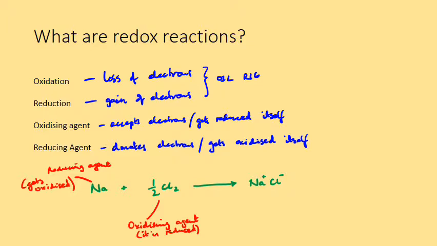And the electron transfer has gone from the sodium to the chloride. So that's the basics of redox reactions, just a little reminder of what you found out at GCSE level. But there's lots more to redox reactions, and we're going to delve into that now.